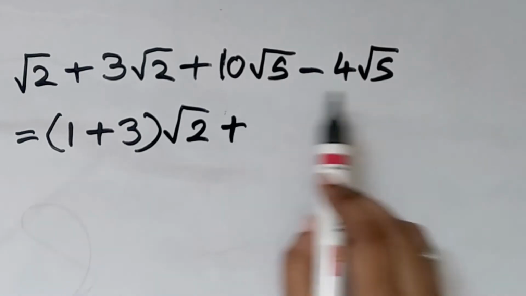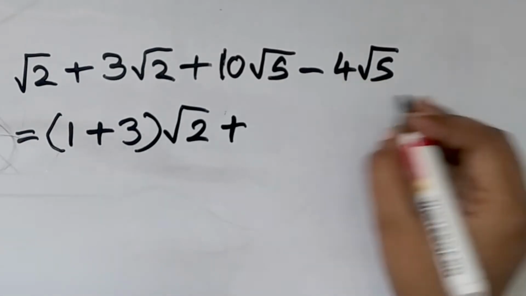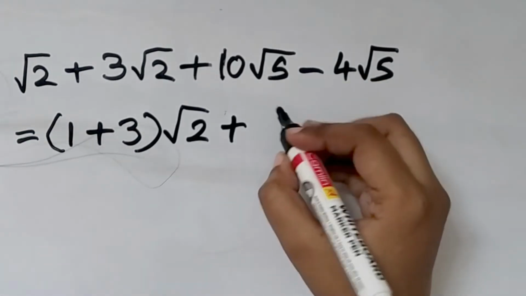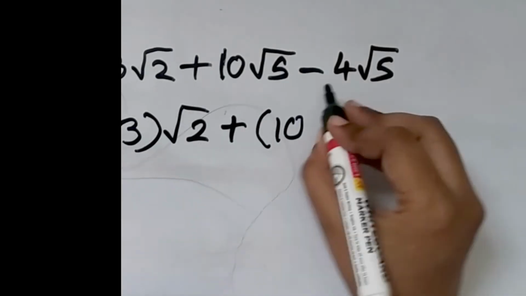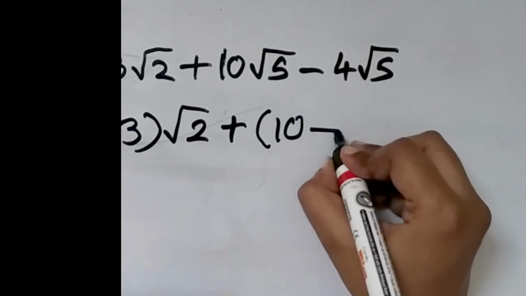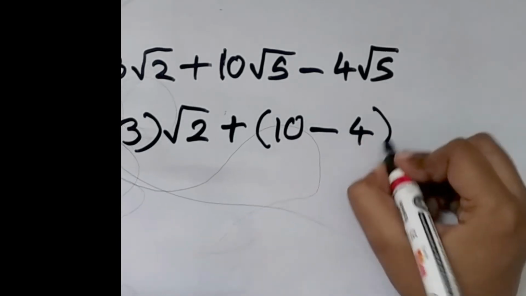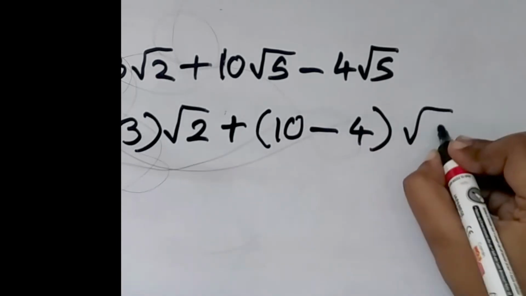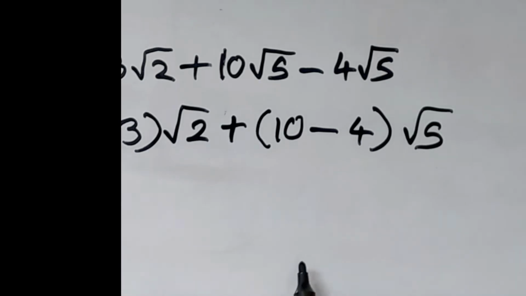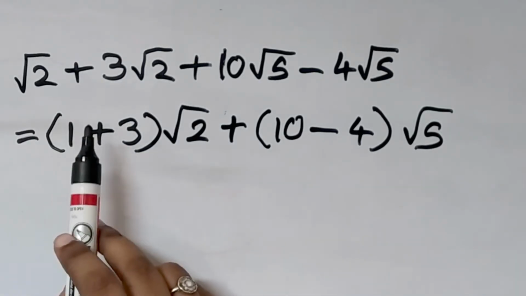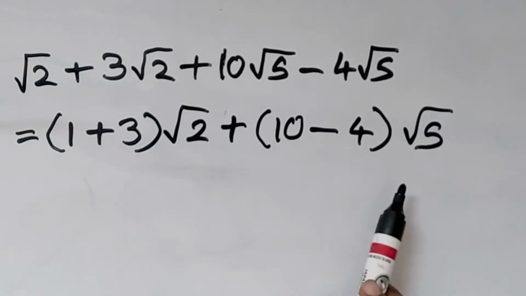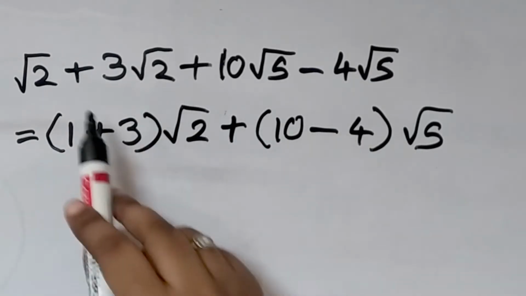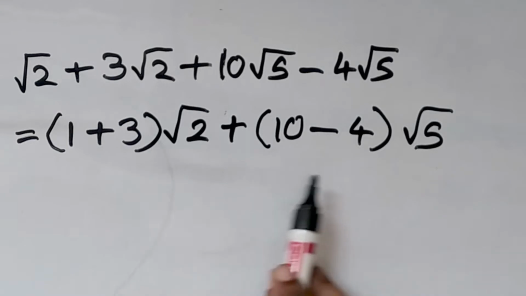Plus here root 5 is common, so we will take it outside the bracket, and inside the bracket we will have 10 minus 4. And root 5 will be outside the bracket. So, we can add and subtract only the like surds. If unlike surds are there, then we will take them separately.